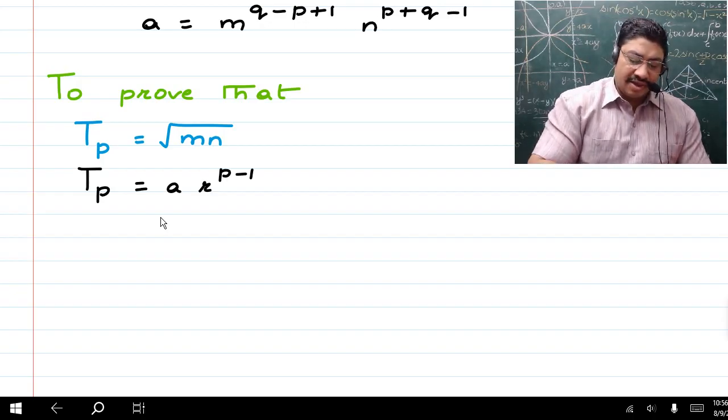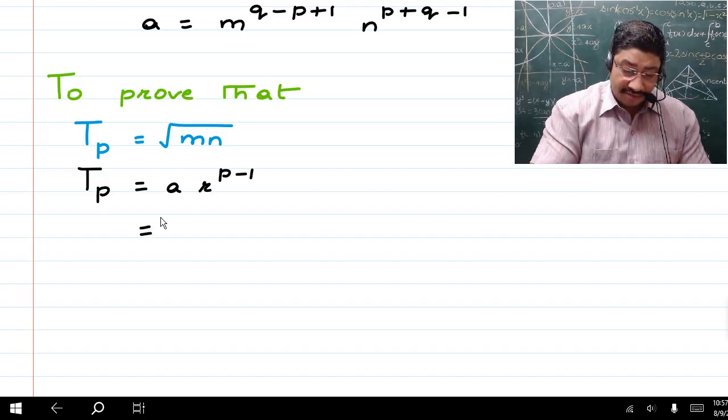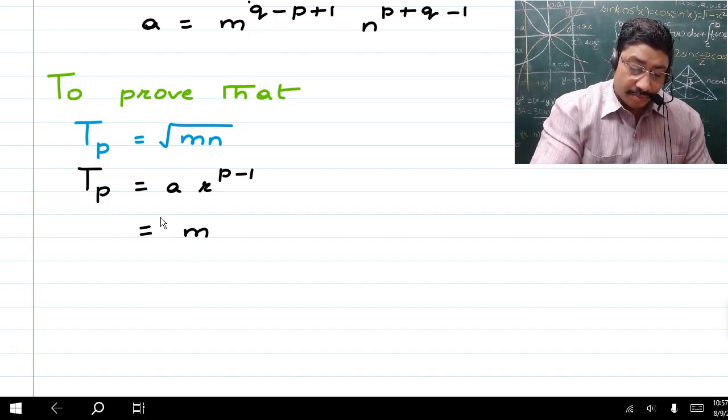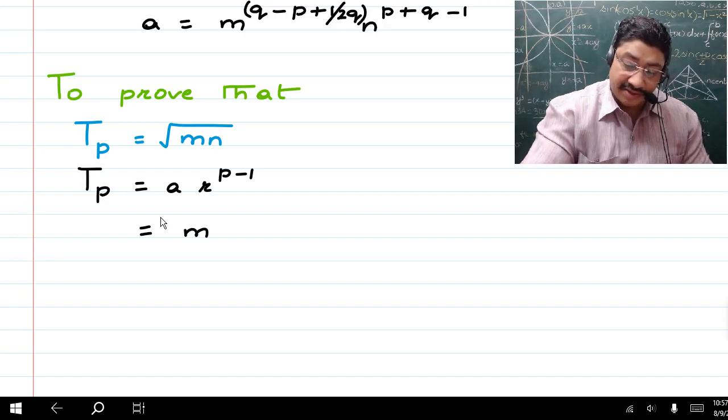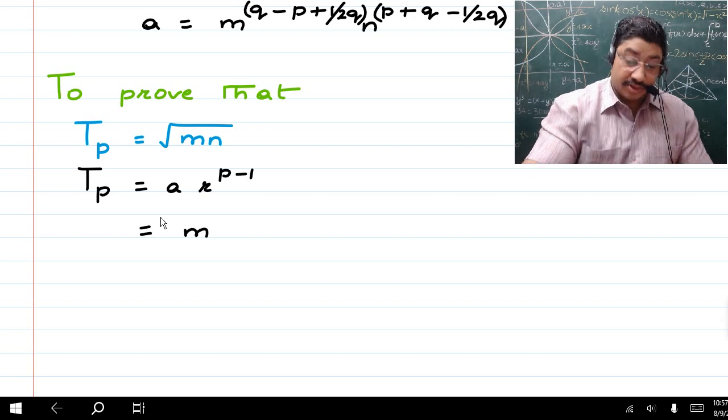Okay, so if we talk about the pth term, children, this is then going to become equal to a. We just found out the value of a to be m, which is raised to the power. Now remember, children, both of these are divided by 2q, and that is something that we can't forget, right? Okay, I'm sorry that I forgot.